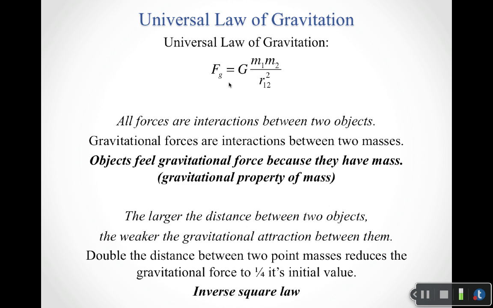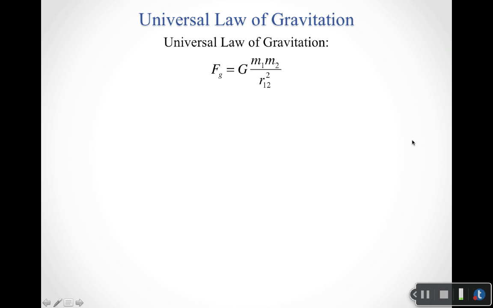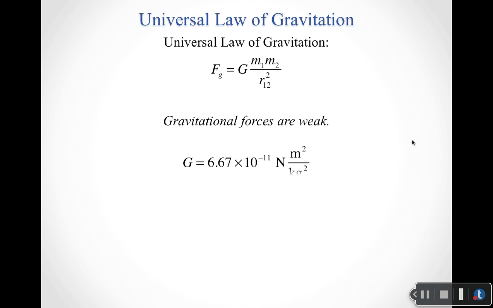So the larger you make the distance, the smaller the gravitational force becomes. That's known as an inverse square law. When it drops off in this special way of 1 over r squared, that's called an inverse square law, and we'll see quite a few of those in the second semester of the course.